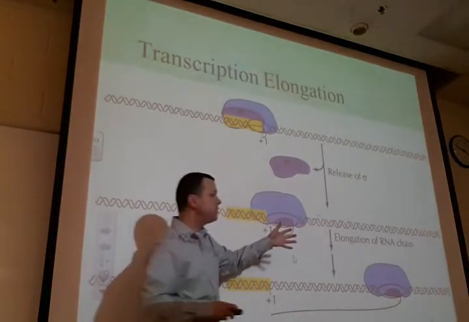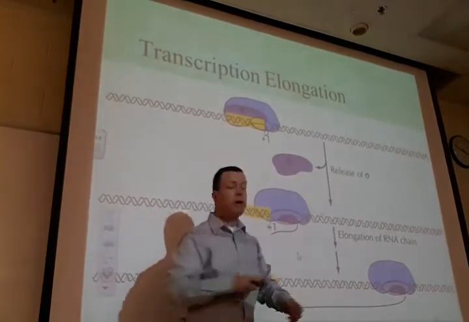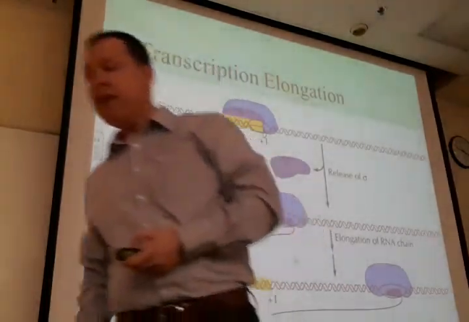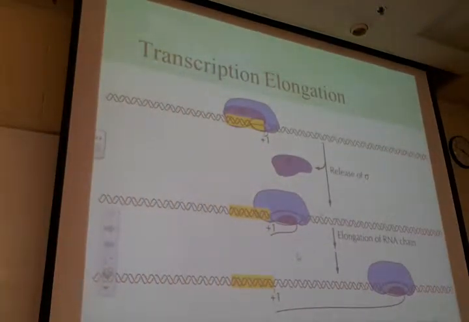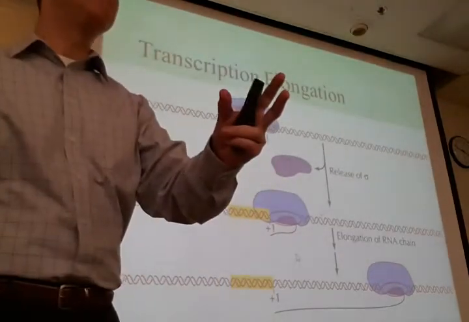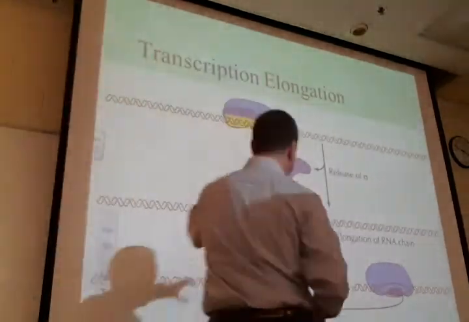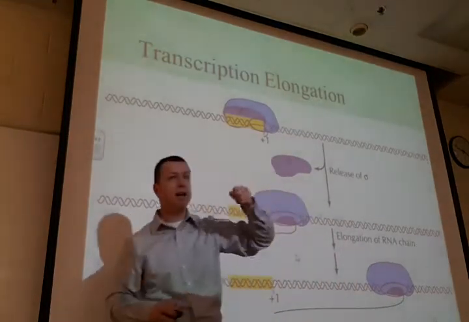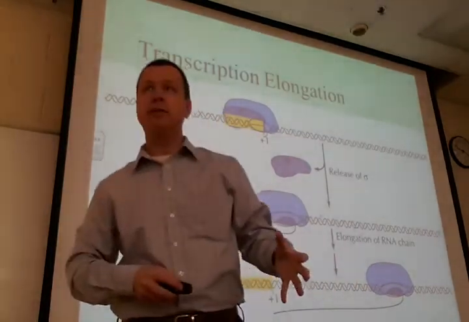So the rest of the process, or at least the middle part, the elongation part, is pretty much just like DNA replication, except you have to remember we're not making DNA, we're making RNA. Okay, so RNA polymerase is wrapping onto RNA nucleotides, not DNA nucleotides.